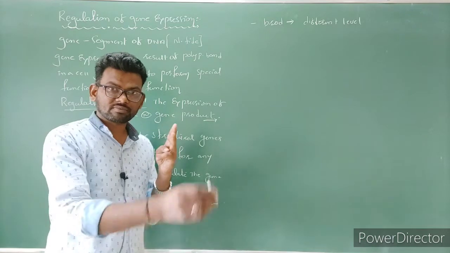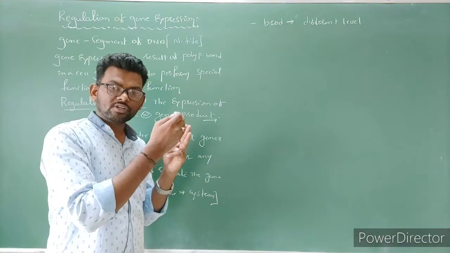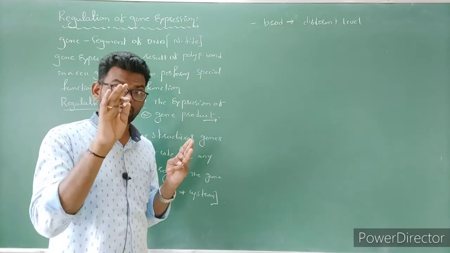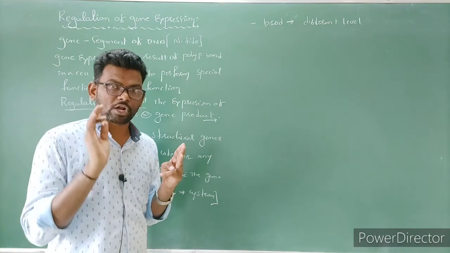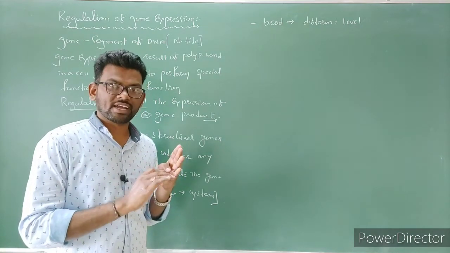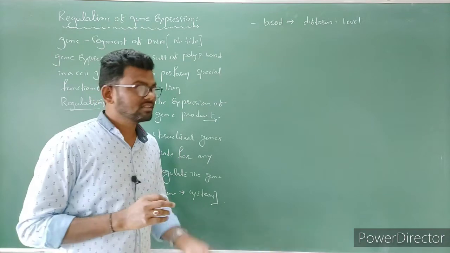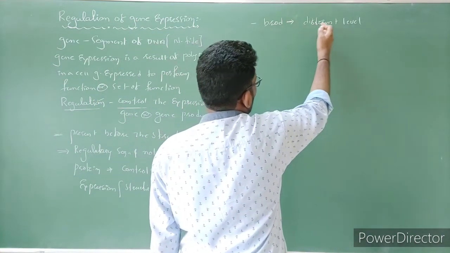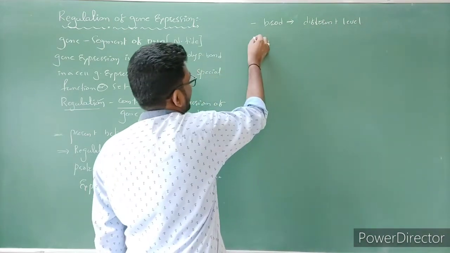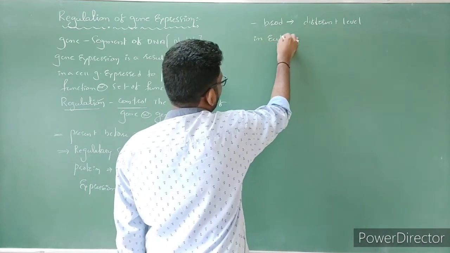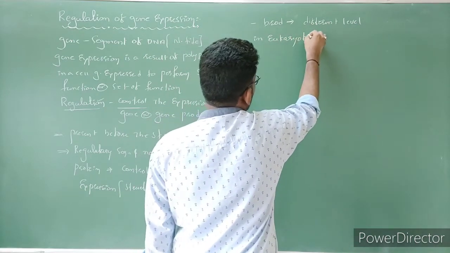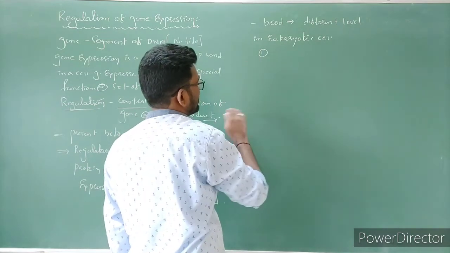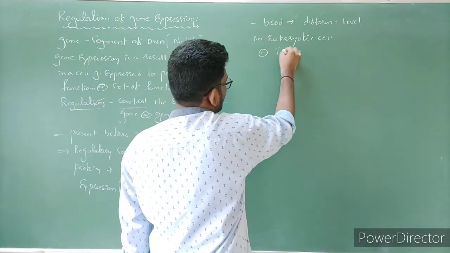The third one is at the stage after completion of mRNA, when it enters from the nucleus to the cytoplasm. At that level also, gene expression is regulated or controlled. And the fourth one is the translation process, right? It controls at different levels, especially in eukaryotic cells. In eukaryotic cells, gene expression is controlled at four levels. The first one is during the transcription.